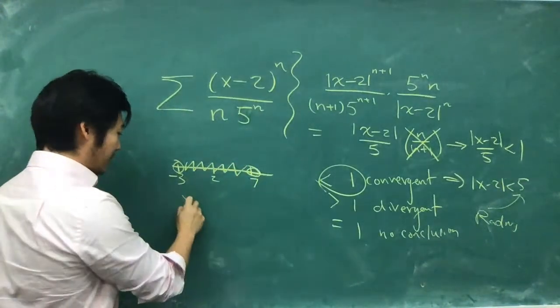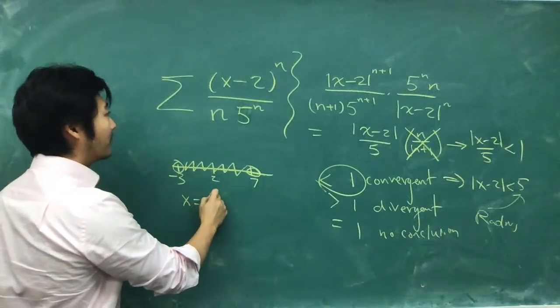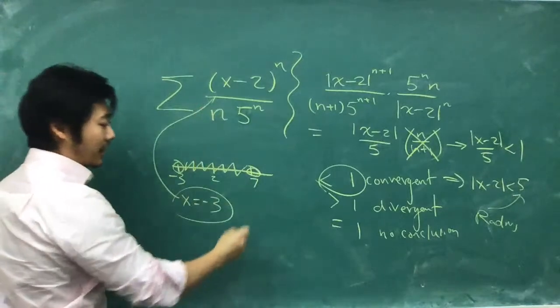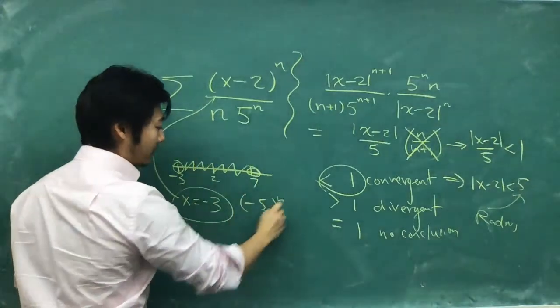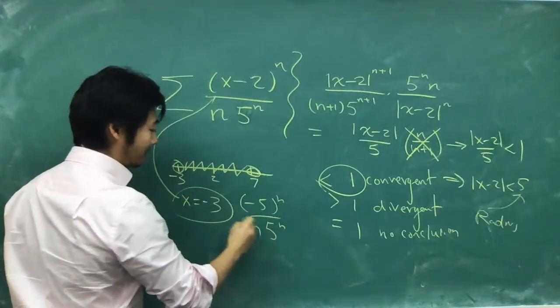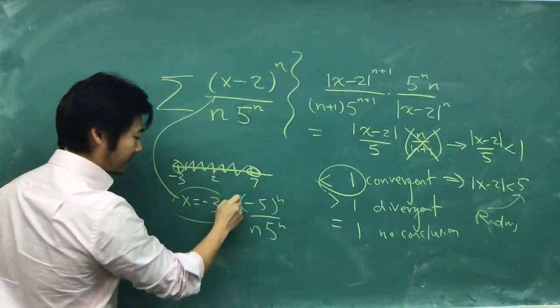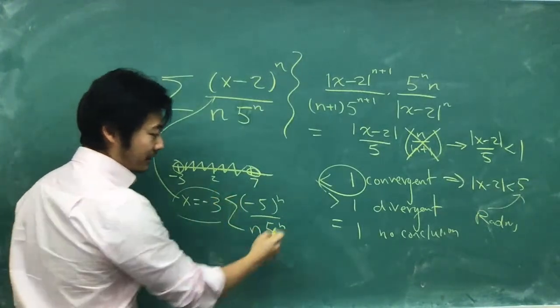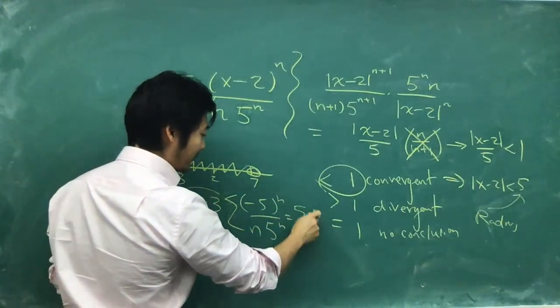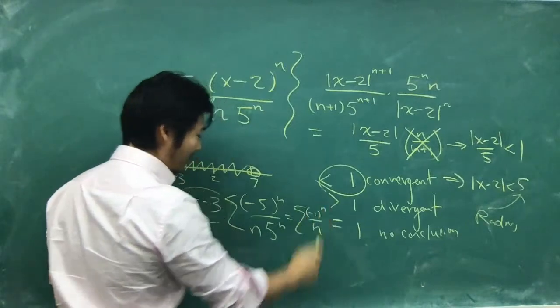So x equals negative 3. If you plug that into here, you get negative 5 to the n over 5 to the n and n. And then summation. And so that becomes negative 1 to the n over n.